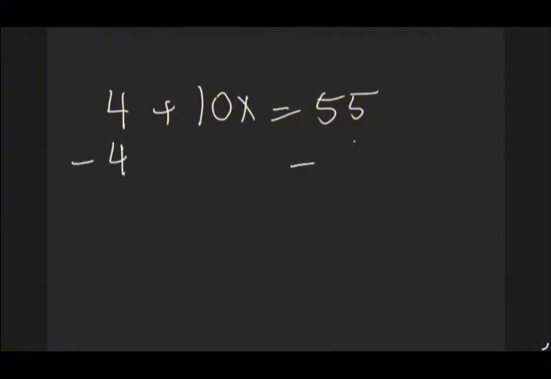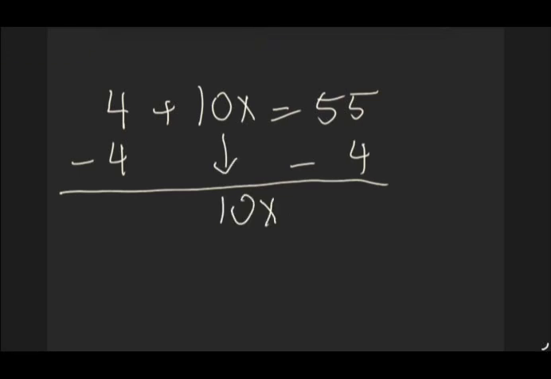Let me give you another example of this. 4 plus 10x is equal to 55. Subtract 4 on both sides. Bring down 10x. 55 minus 4 is 51.